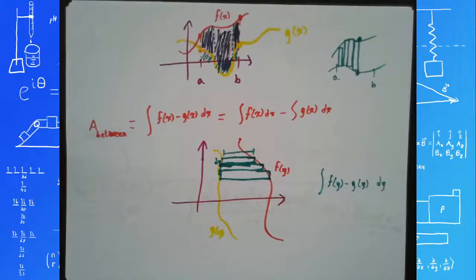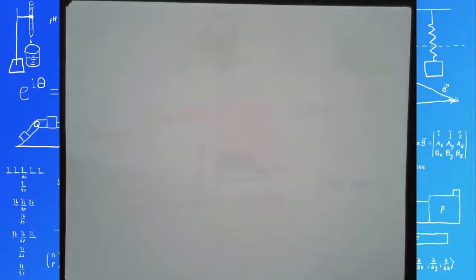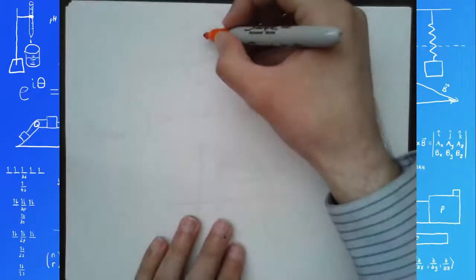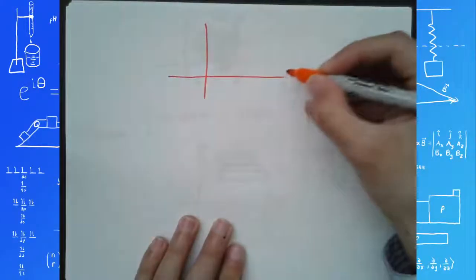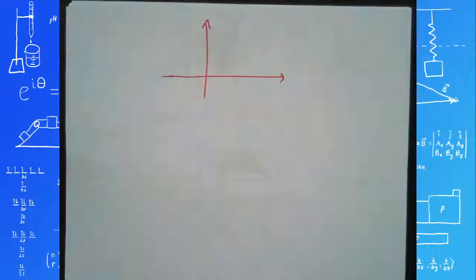Now, what if they don't give you integration bounds? What if they don't give you a and b? So what if they give you two functions like so?